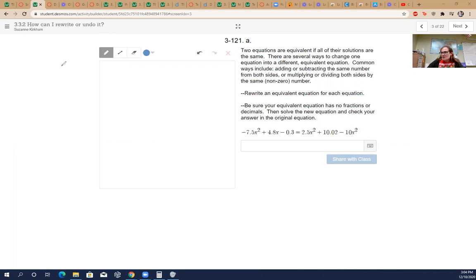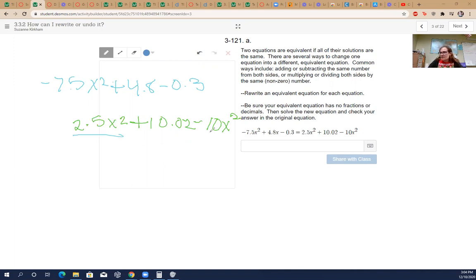So here we go. We've got negative 7.5x squared plus 4.8x minus 0.3. Then on the other side, we have 2.5x squared plus 10.02 minus 10x squared. Now what we're going to do is combine our like terms on the right side of the equal sign.